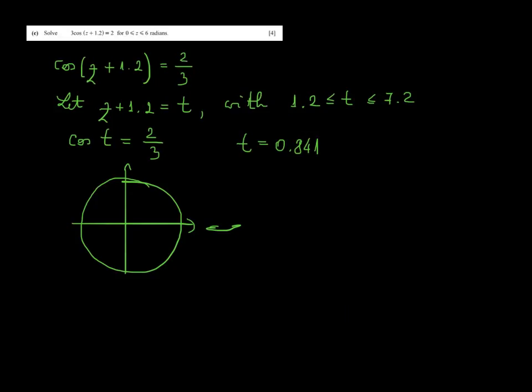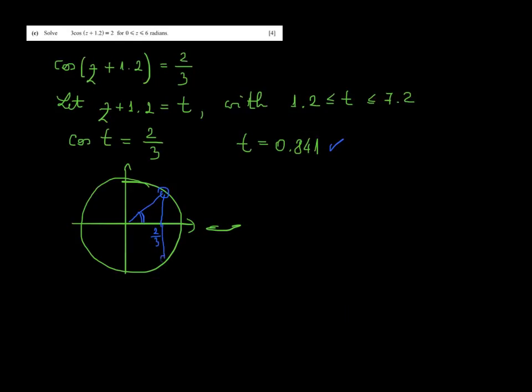So this is a cos axis. 2 over 3 is cos of that angle here. So that angle is 0.841 to 3 significant figures.